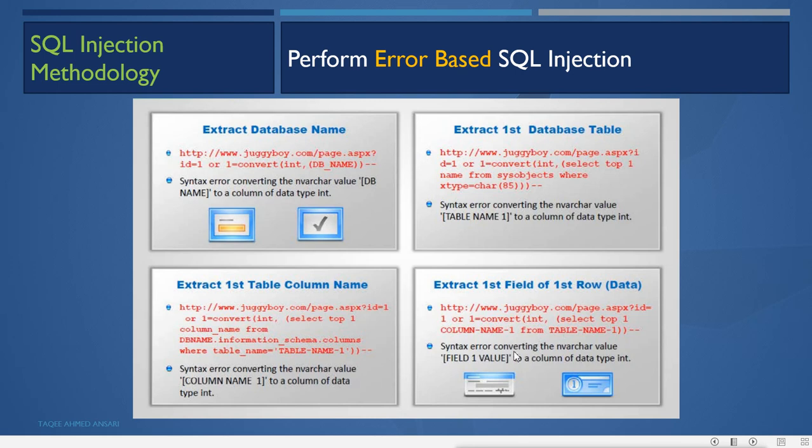This syntax error, converting the nvarchar value of field 1 to the data type integer, reveals information like the database name, database table, table column name, table row data, and the first row or first field data.